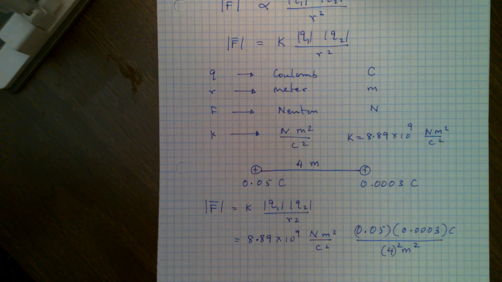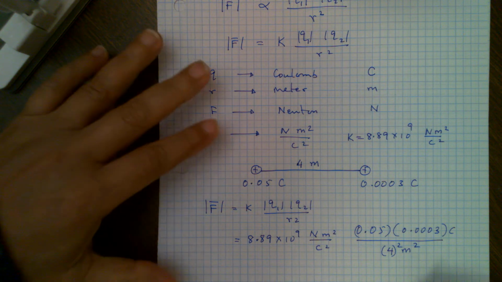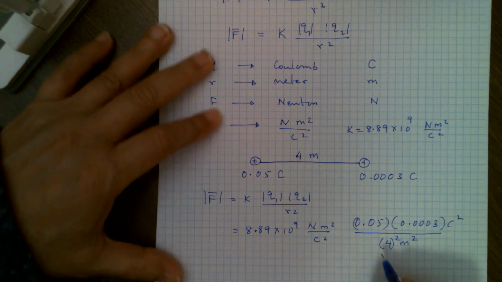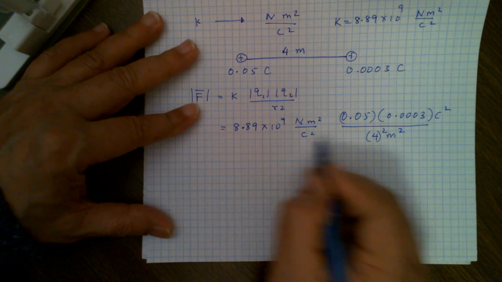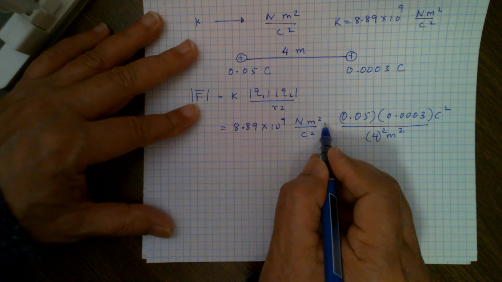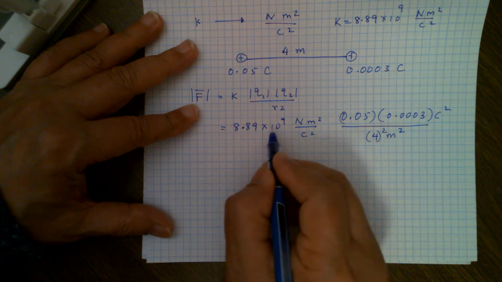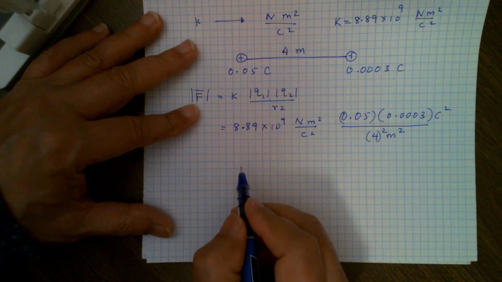So you see, the coulomb squared will cancel out, the meter squared will cancel out. The only unit left is N, the newton.